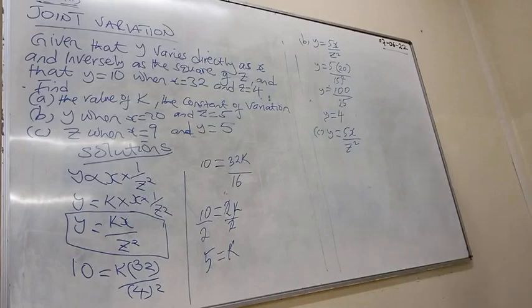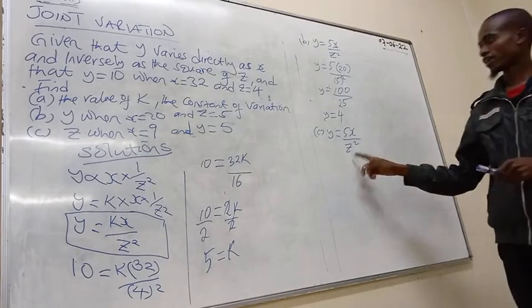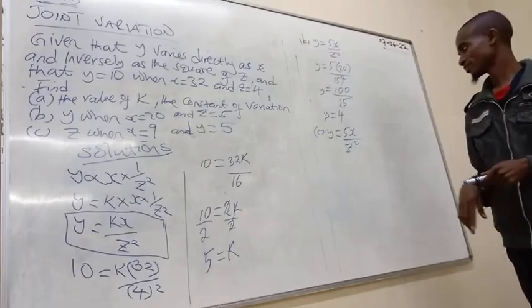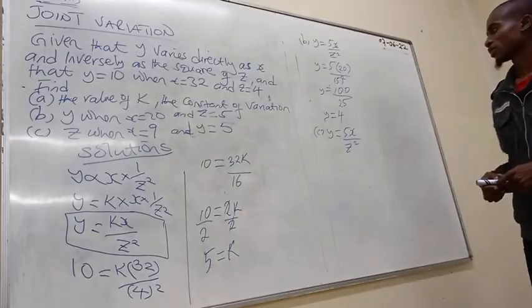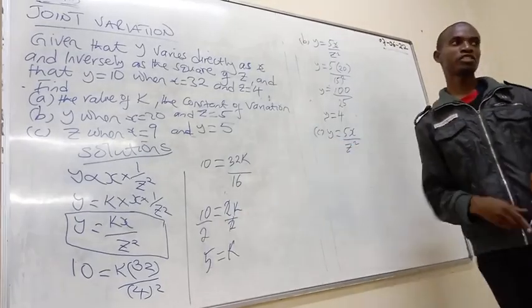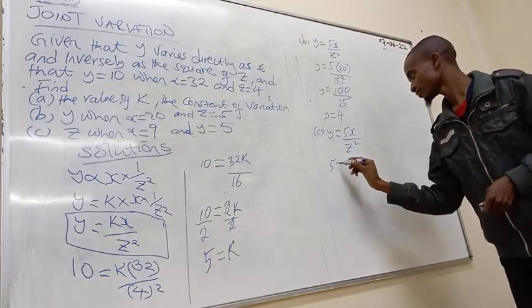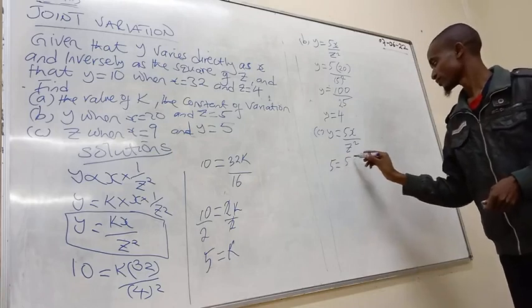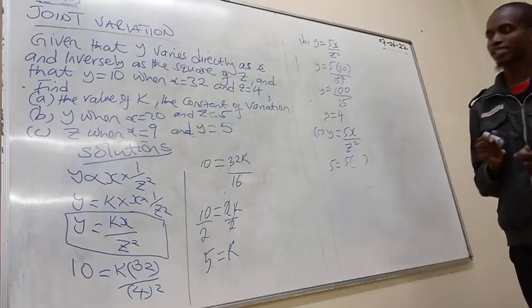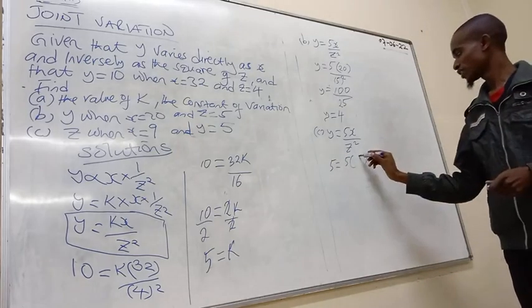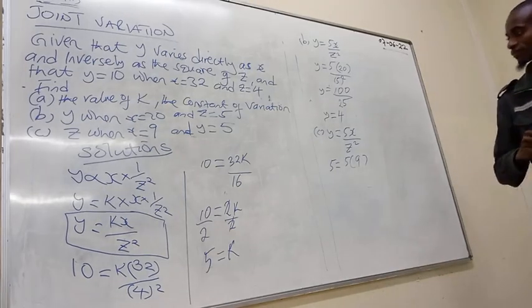Now they want us to find the value of z, and I'm sure there will be 2 values here. Where there is y, we put 5, in brackets. What about x? X was given to be 9.